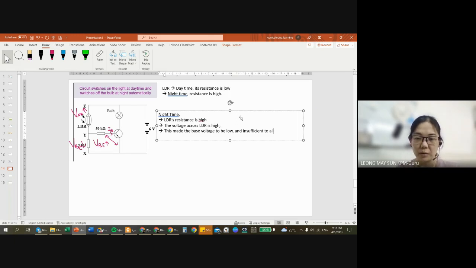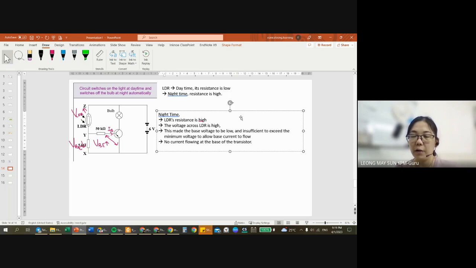This made the base voltage to be low and insufficient to exceed the minimum voltage to allow base current to flow. In other words, to say no current flowing at the base of the transistor.